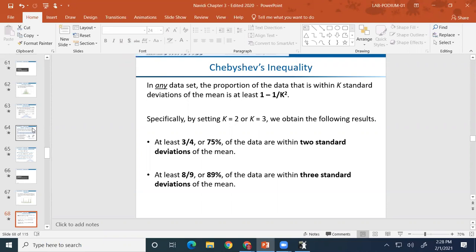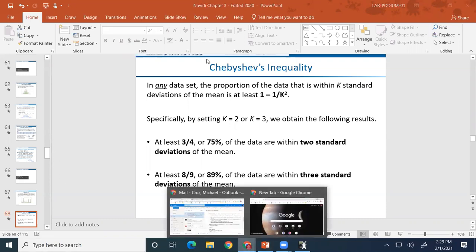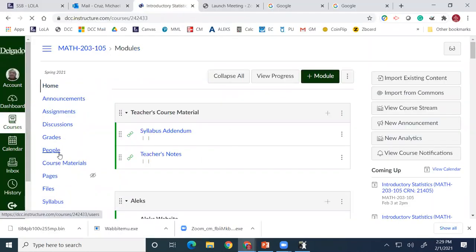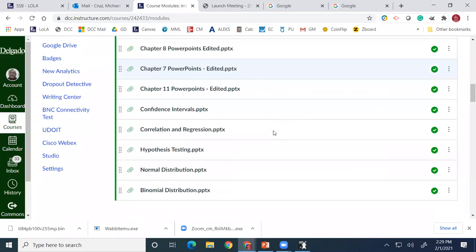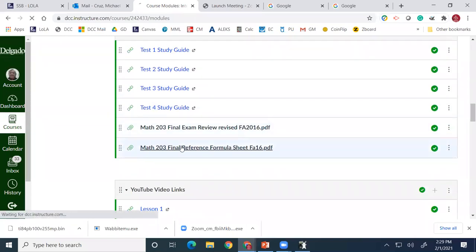The only thing I may tell you about this is that it's an at least thing. When you see the word at least, it means you're going to these values of 75% and 89%. That's the key word, at least. 75 and 89%. And, you know, there are formulas that you get to make use of here. Like if you come over here, you don't have to worry about memorizing anything. And they actually put these into the test somehow as well.